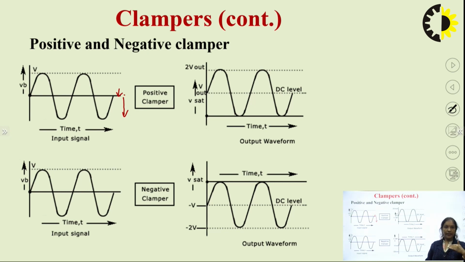Whenever your signal gets shifted upward, it is a positive clamper, and if your signal is shifted downward, then it is a negative clamper. Here the DC level is shifted upward because VC is positive, and here the DC level has shifted downward, so VC is negative.